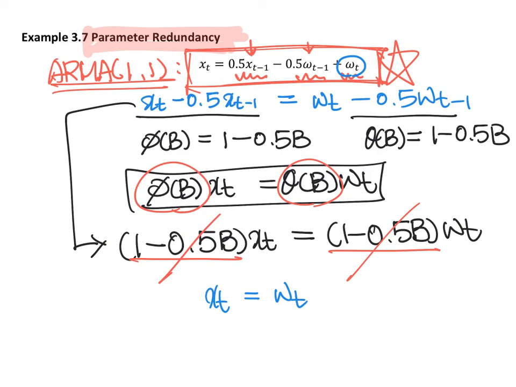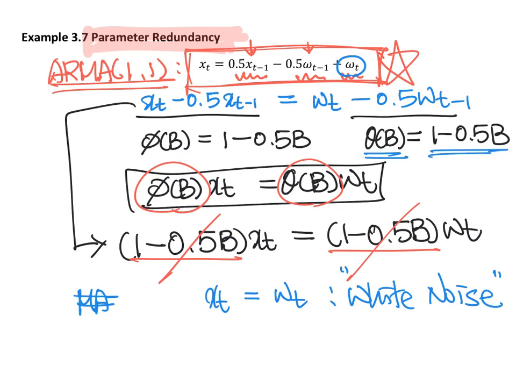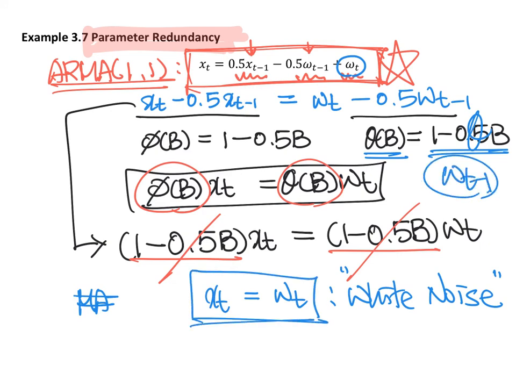Now I can say it is simply MA(1). No, it is not MA(1), I'm sorry. It's just white noise. Because the MA(1) model has a theta, we need the w t minus 1 term, but this does not have the t minus 1 white noise. So it is just white noise.